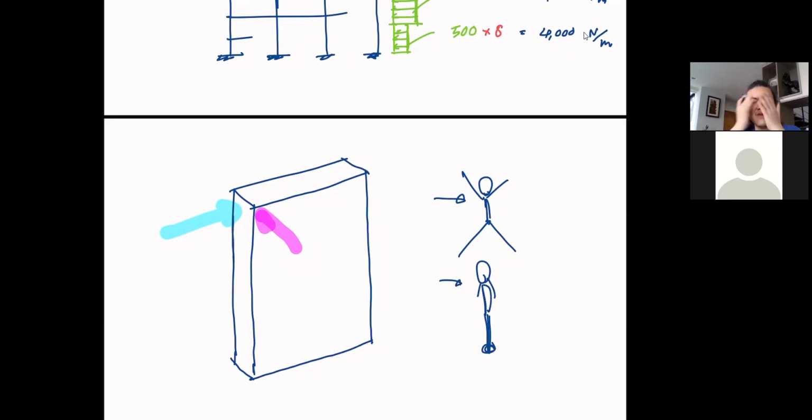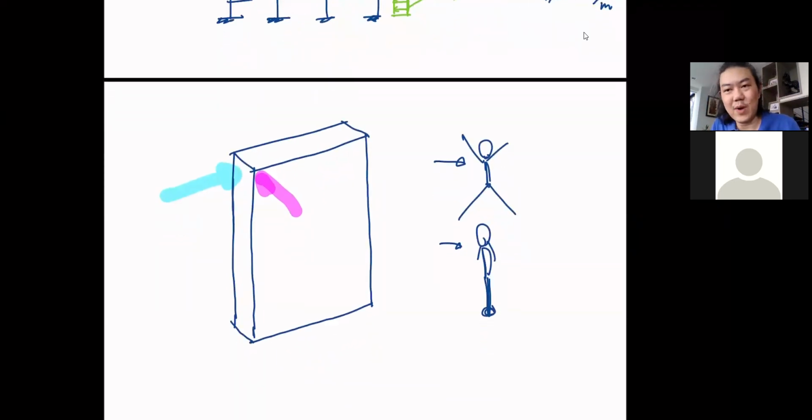Because you cannot create more equilibrium for yourself. Just look at this. If your legs are widespread like this, this is where your reactions are, so you have the moment arm to resist the lateral force. If your reactions are just tied together like this, your moment arm becomes so small that the reactions become humongous.